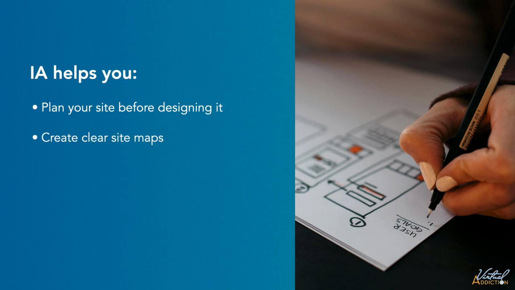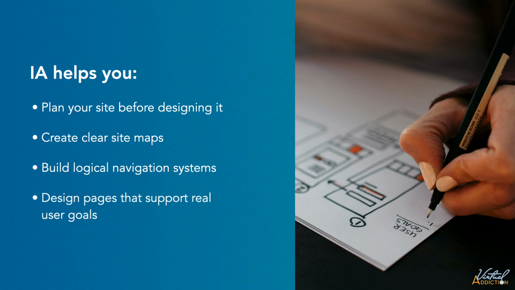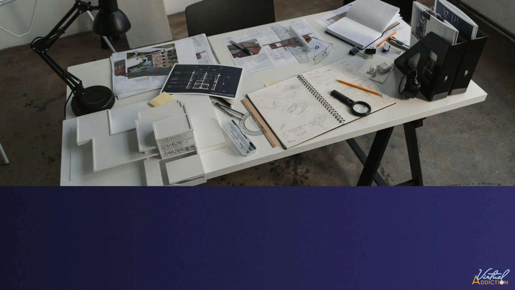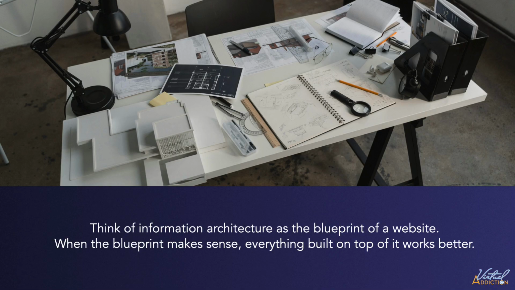It allows you to create clear sitemaps, build logical navigation systems, and design pages that support real user goals. It's the foundation that everything else, layout, visuals, and code, rests upon. Think of information architecture as the blueprint of a website. When the blueprint makes sense, everything built on top of it works better.